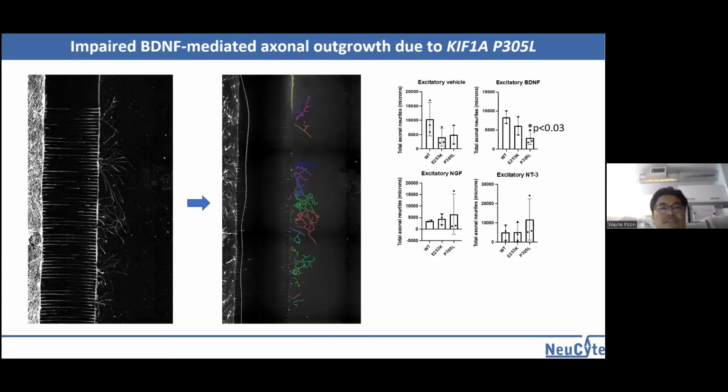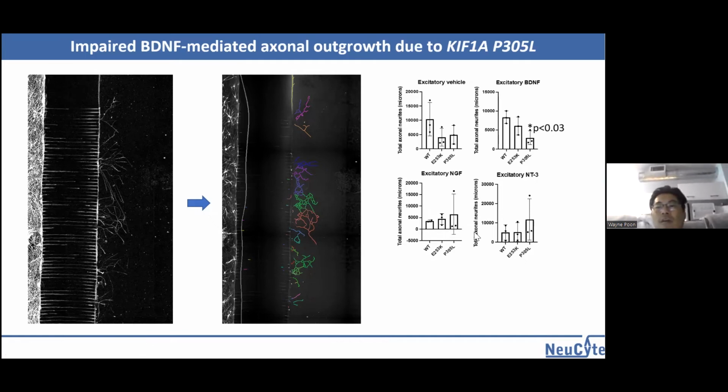And so this is just a representative example of the device in which these are then axons that grow through the device, and they are imaged with an antibody to beta-3 tubulin using some of the software that can analyze the neurites or the axonal outgrowth from these devices.